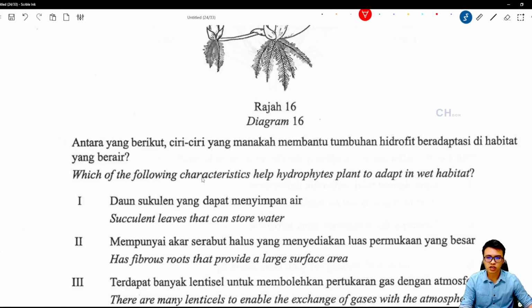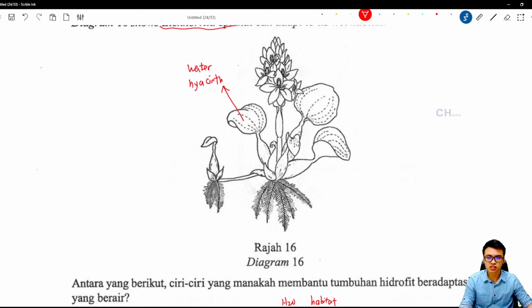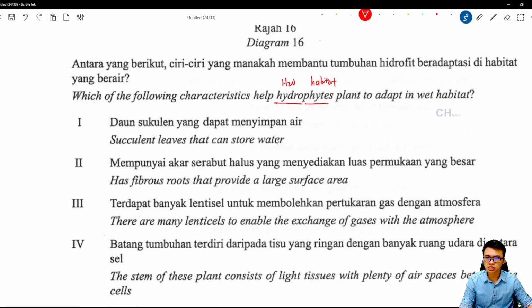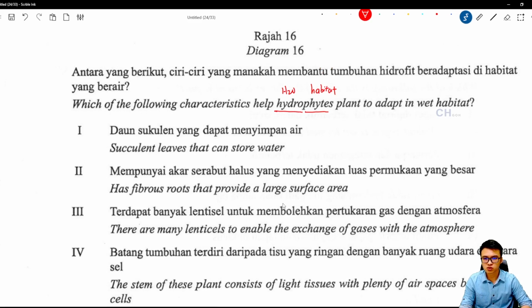So which of the following characteristics helps the hydrophytes? Okay, hydrophytes, hydro means water, phytes means habitat. So these are plants that live in water, submerged in water or floating on the water. Obviously, water hyacinth is a plant that floats on the water. To float on the water, they must have fibrous roots to provide a large surface area so that they can float.